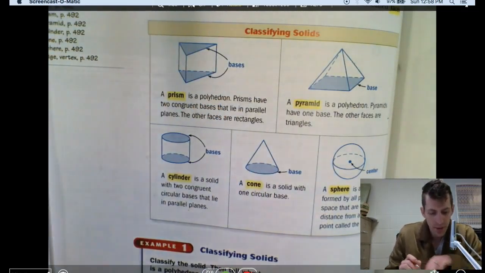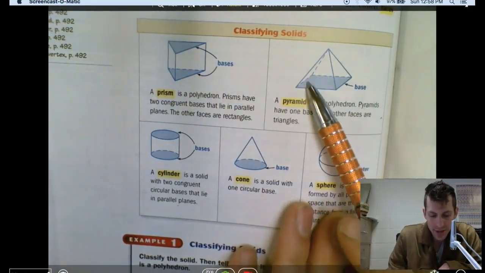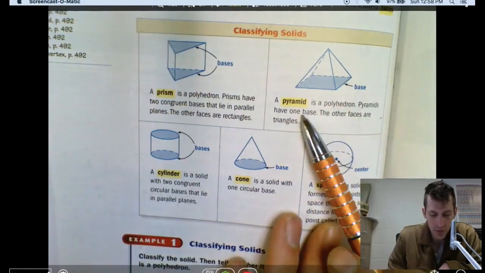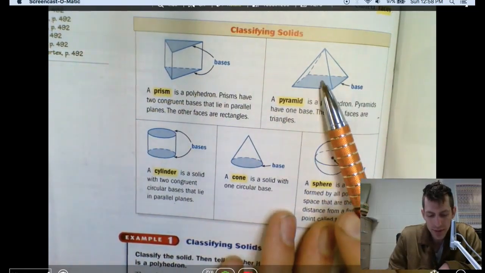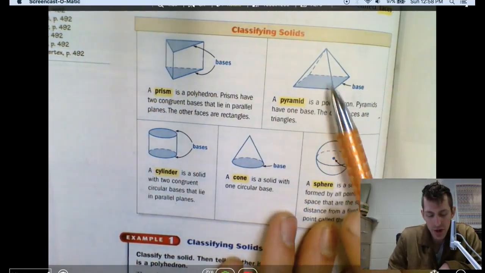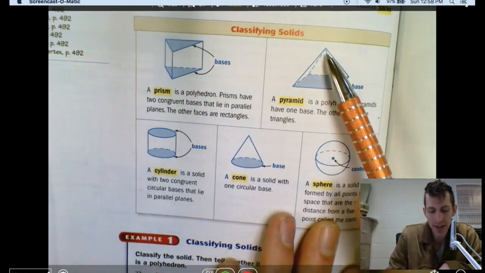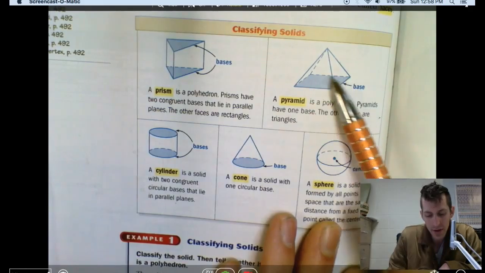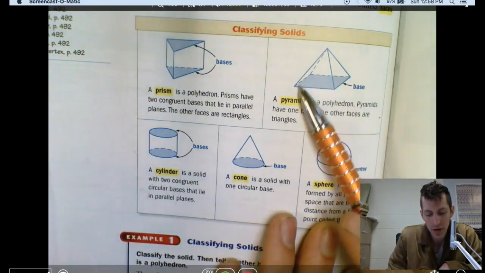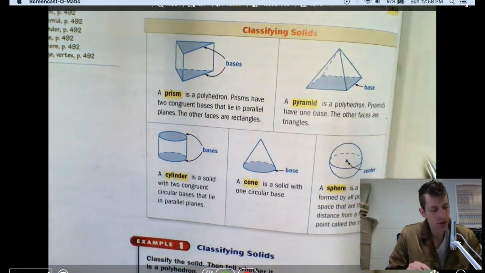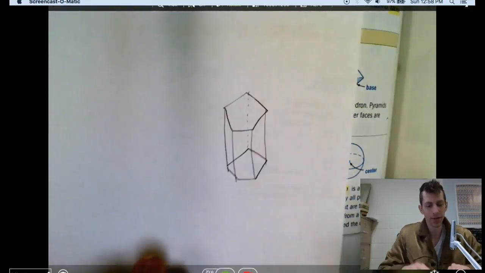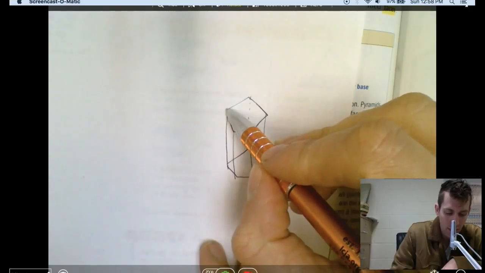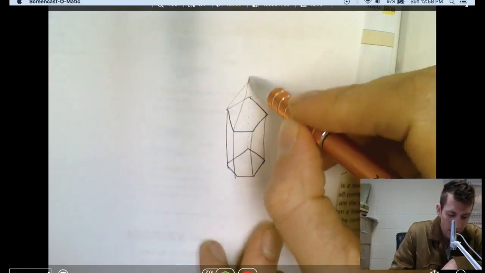Okay, pyramids. Oh sorry, a pyramid doesn't necessarily have a square base. It just has one base, and then the other faces are triangles. So a pyramid has to be made of triangular faces. This happened to have a quadrilateral base, meaning 4 sides, but could you have a pentagon? I'm going back to my shape here. What if I want to stick a pentagonal pyramid at the top of this?